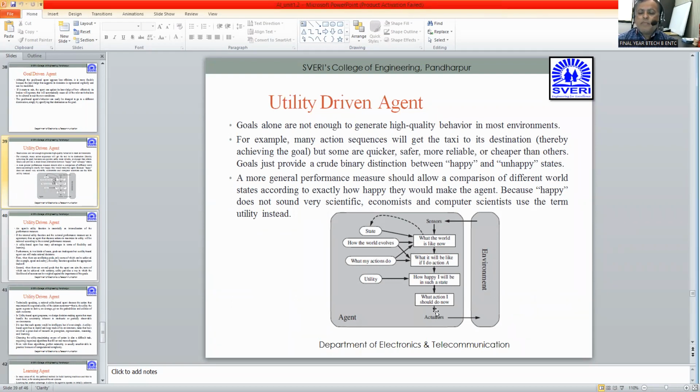For example, I will say that I am sitting in a car and the car is going, it is taking left, it is taking right, then it is going straight. Now the driver is asking me, what is your destination, what is your goal? So I said that my goal is to reach Pandharpur. I'm in Aurangabad.